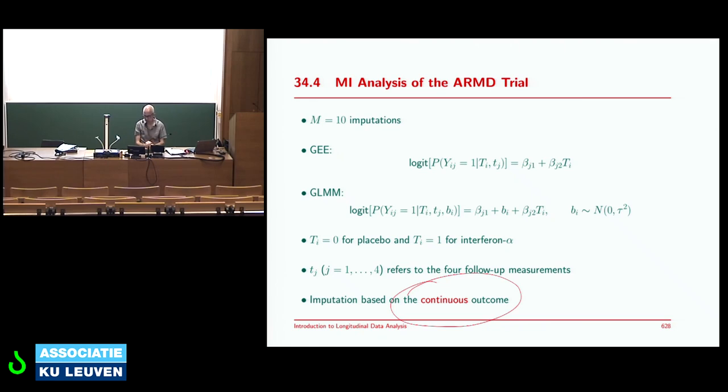You can even go further and say, well, I will do the imputation on body length and body weight, or maybe body length and the cube root of body weight or something like that. And then I calculate body mass index, and then I dichotomize. So you can really go back to the base variables.